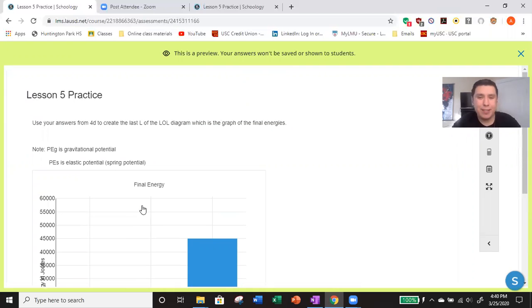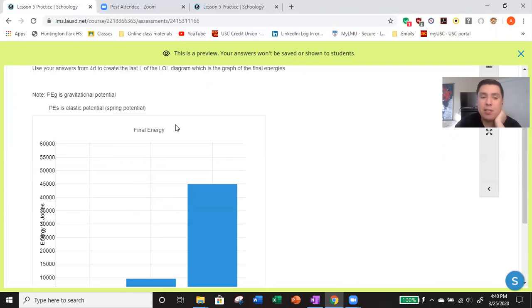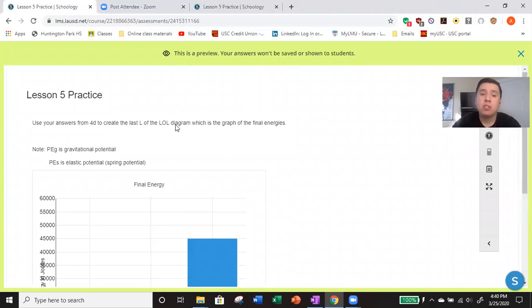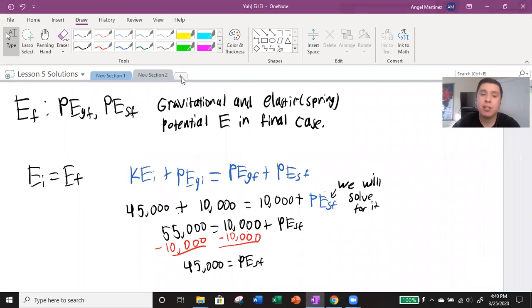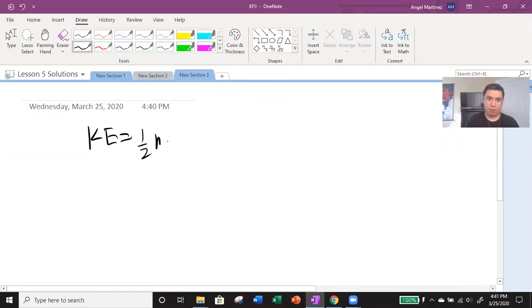So for the quiz, just make sure you know how to set up these graphs. Just practice with these assignments about dragging it and then putting it in the right place. And then just know how to do, you know what, I'll actually write it down here. Specifically, know how to calculate KE as 1/2 mv squared.